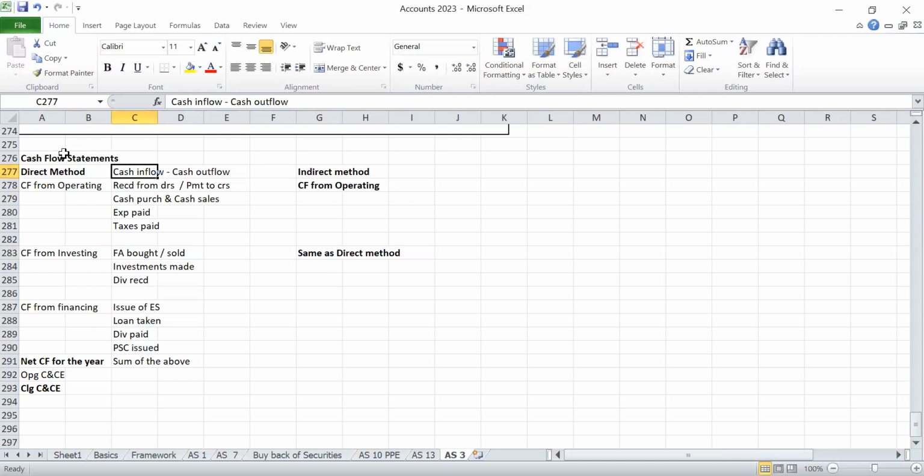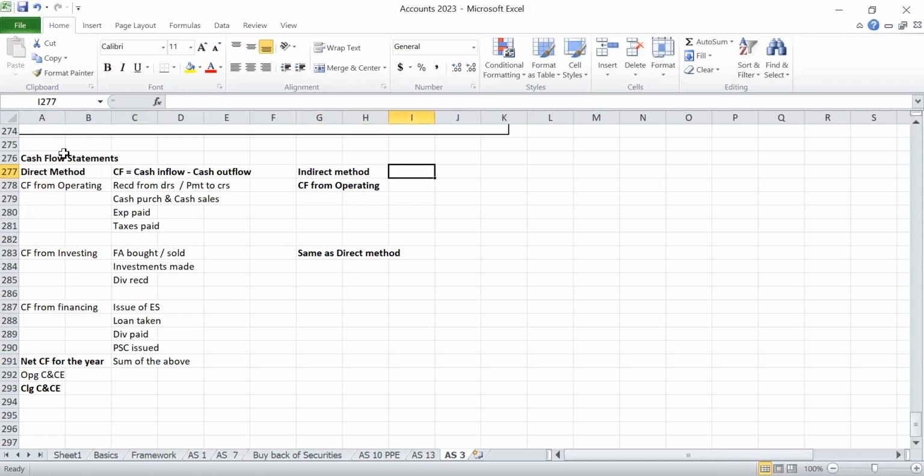So under direct method you are taking the cash flows. Direct method, what is cash flow from operating activity? Cash inflow minus cash outflow.